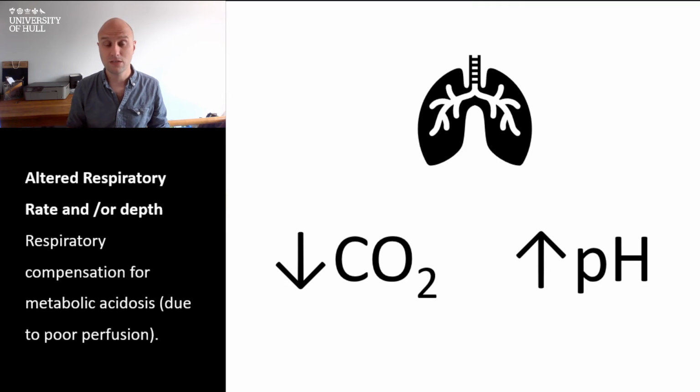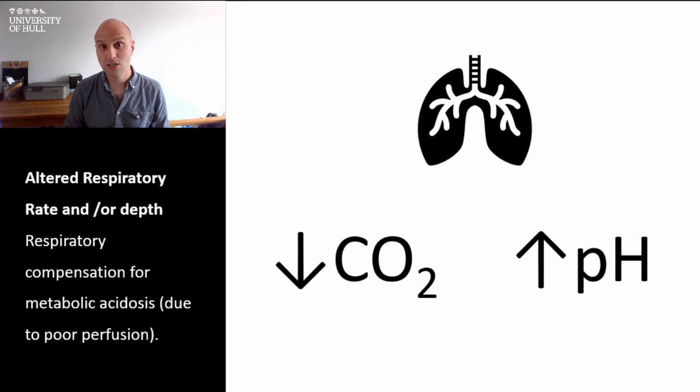Finally, and I only want to mention this very briefly because we'll discuss this more in a subsequent tutorial, one of the compensatory mechanisms that your body has is for the altered metabolism that causes a drop in pH, which makes your blood more acidic. One of the ways that your body tries to compensate and make the blood less acidic is to breathe out carbon dioxide.